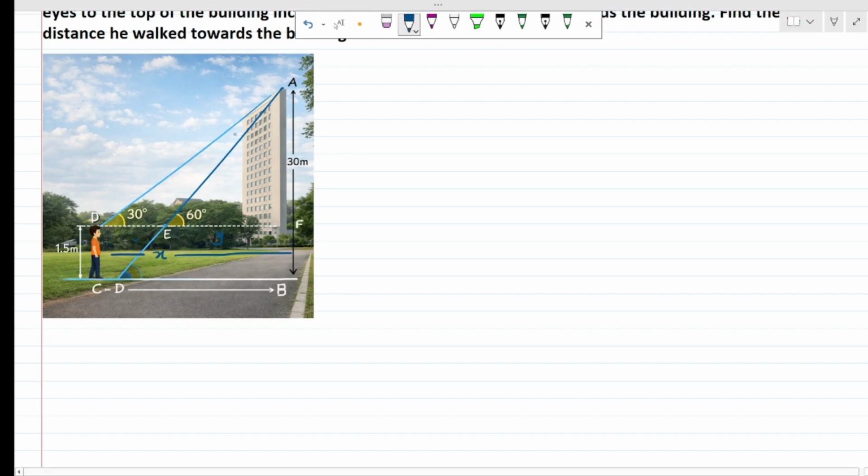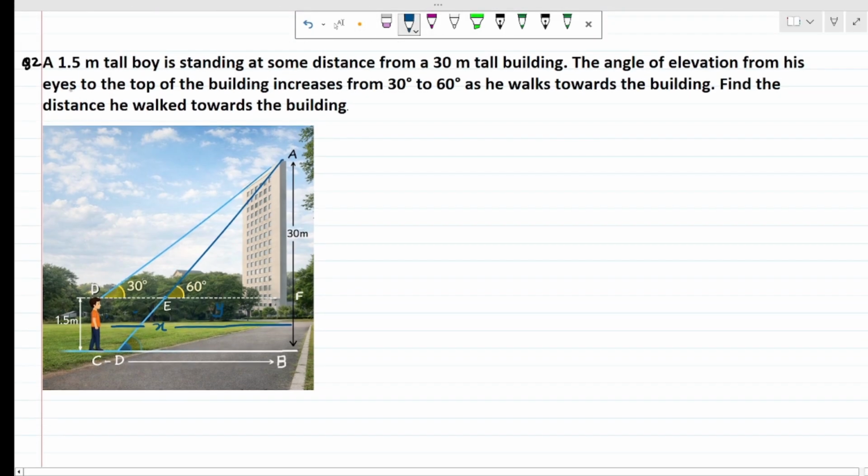which says a 1.5 meter tall boy is standing at some distance. This is my object, a 1.5 meter tall boy, standing at some distance from a 30 meter tall building. That means this is my building, which is 30 meters tall. That means my AB is 30 meters.